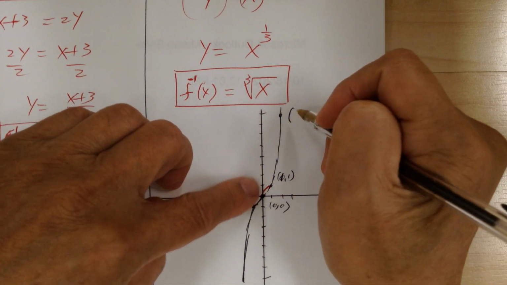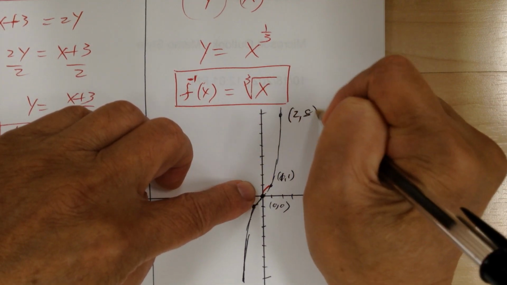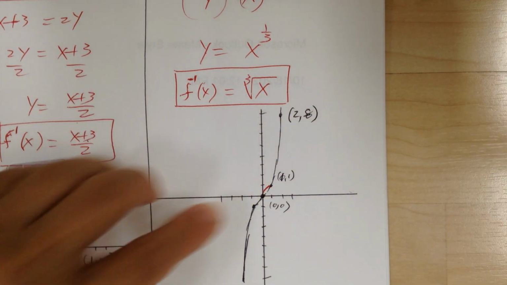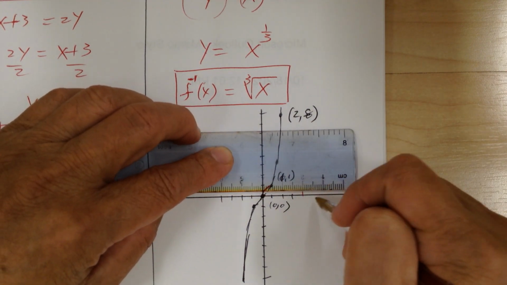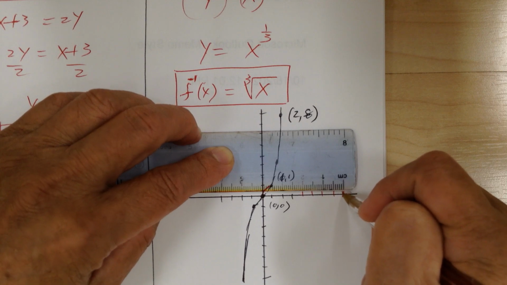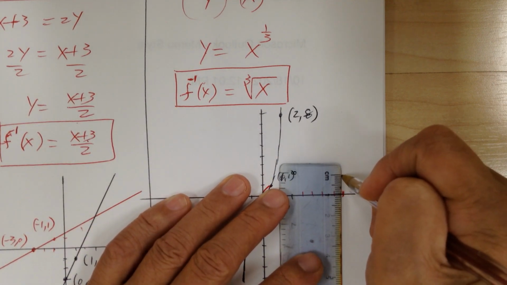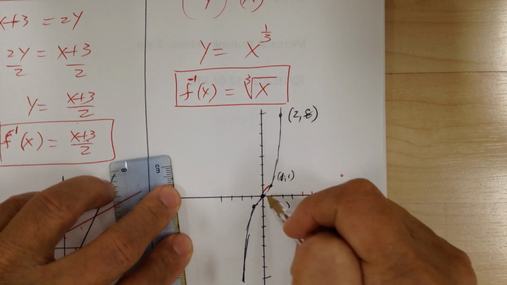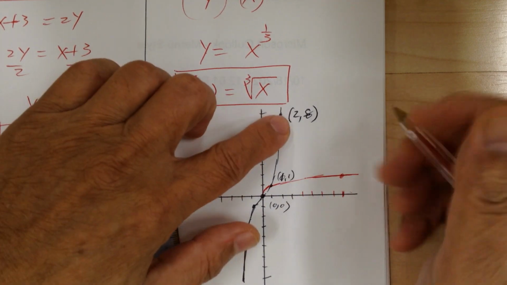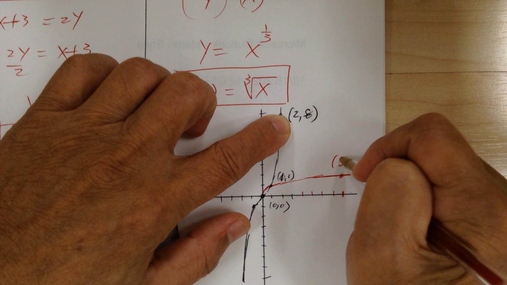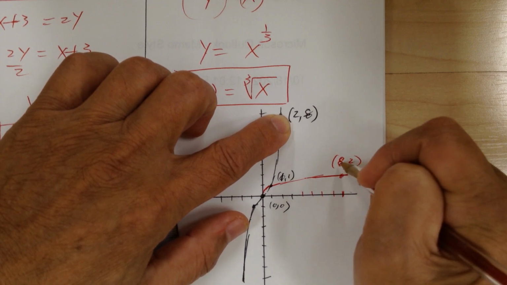This point is 2, comma 8. So when you switch over, it's going to give you 8, comma 2. So the graph's going to look something like this.